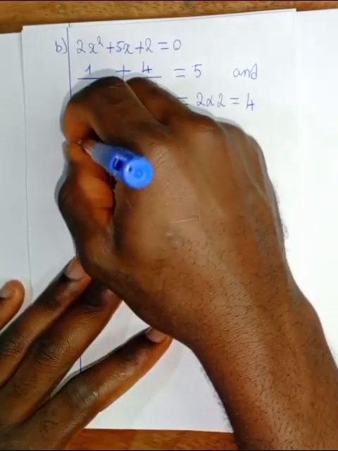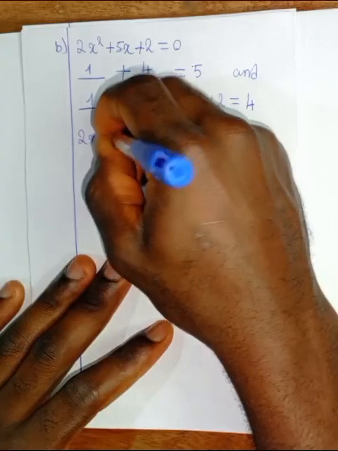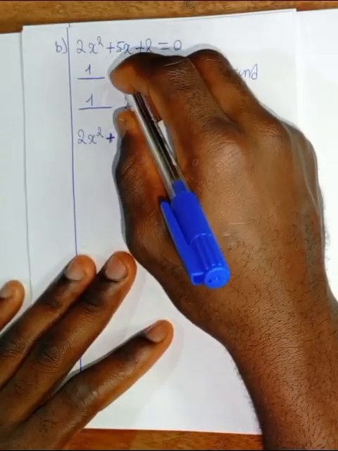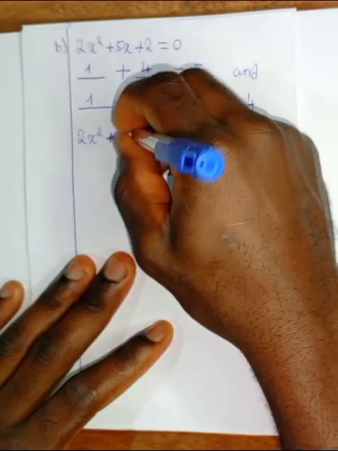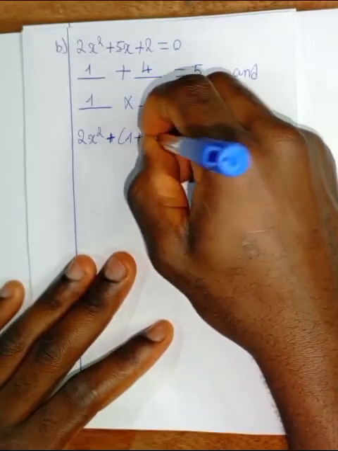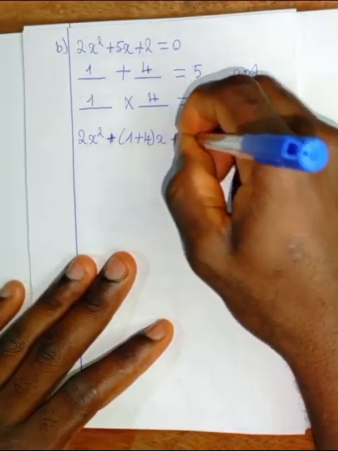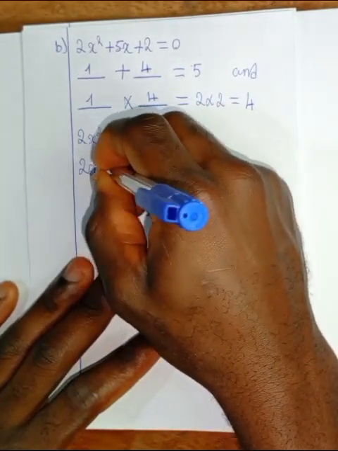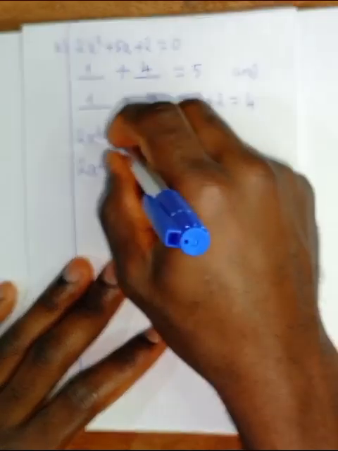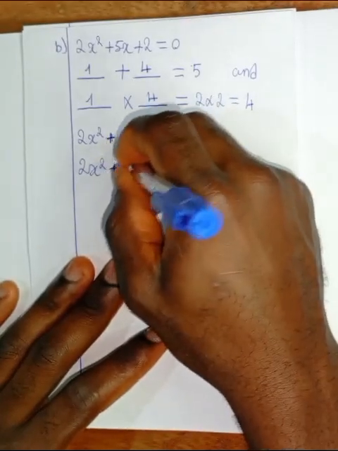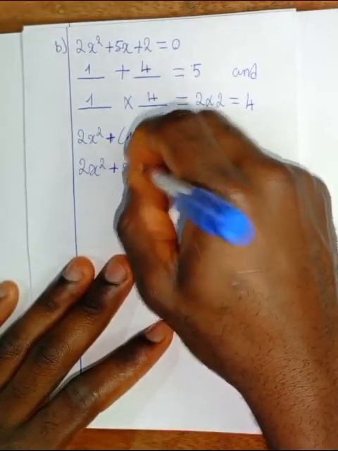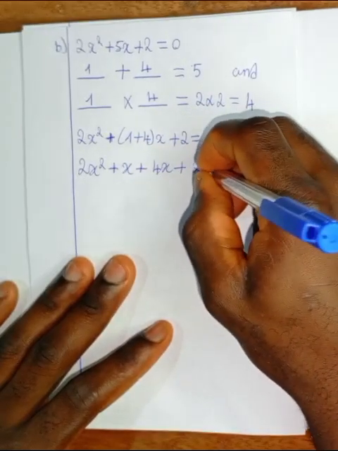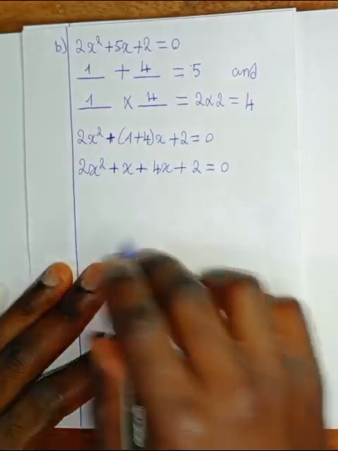Now, we are going to write this down, 2x squared plus, here we are going to replace 5 with 1 plus 4, times x plus 2 is equal to 0. This will give us 2x squared plus, we are going to expand this bracket, 1 times x gives us x plus 4 times x gives us 4x plus 2 is equal to 0.